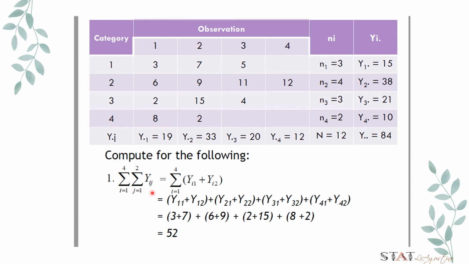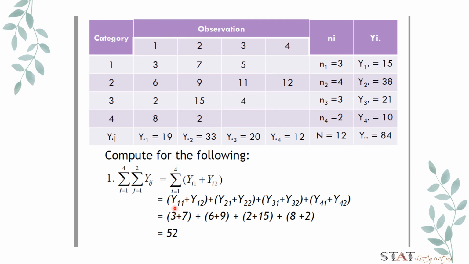So let's compute the following: the double summation of yij, where j ranges from 1 to 2. Remember, this is the column or the observations, and i ranges from 1 to 4, which is the category. This is equal to the summation of yi1 plus yi2. So this will be our expression. Because our observations are only 1 and 2, we only have 1 and 2, but the category varies from 1 until our upper limit of 4.